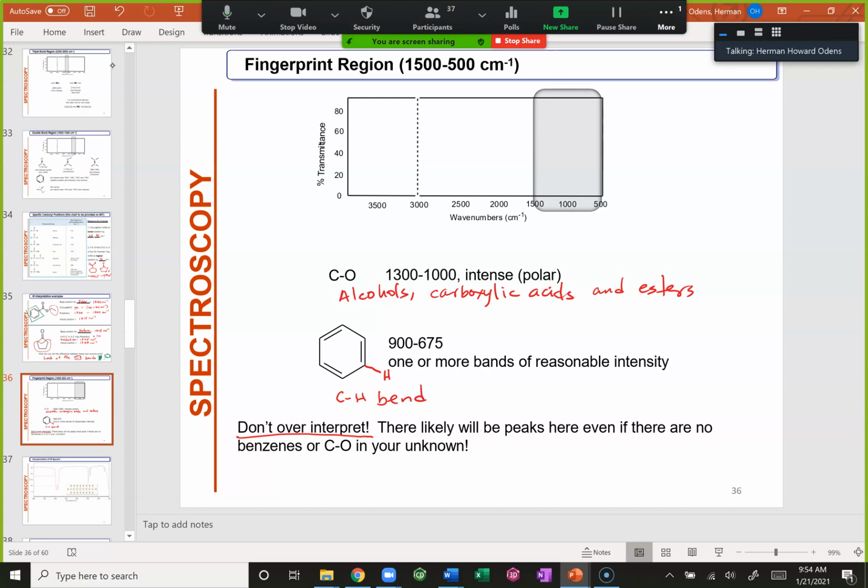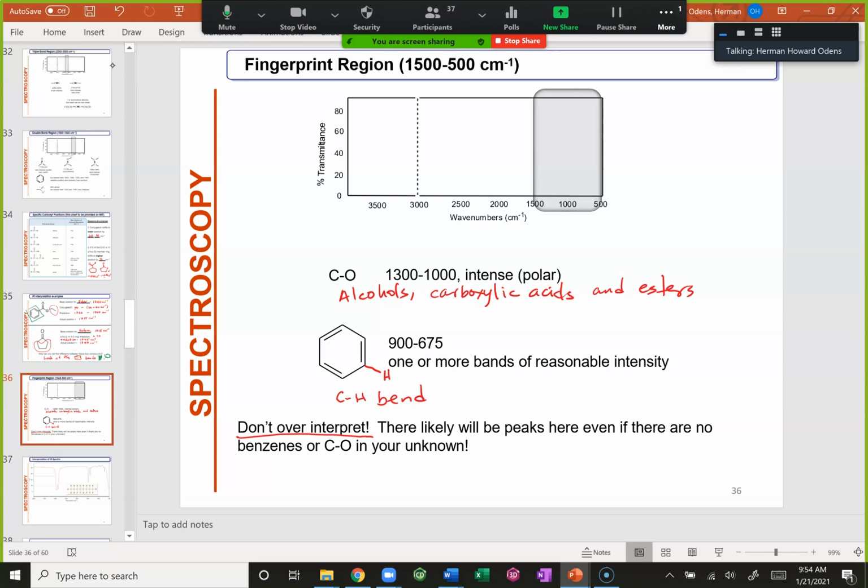All right. Any questions up to this point? While you think of your question, let me tell you my plan. I want to give you experience seeing all the different kinds of possible functional groups, and something called an overtone.